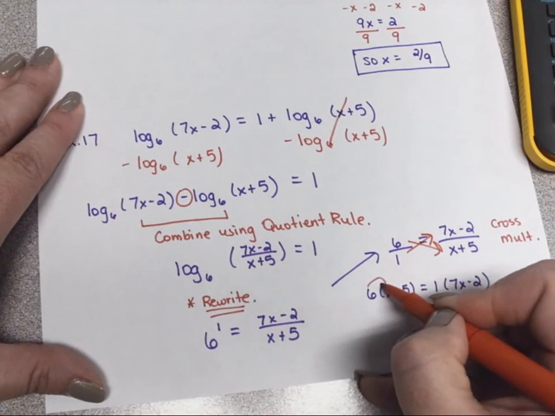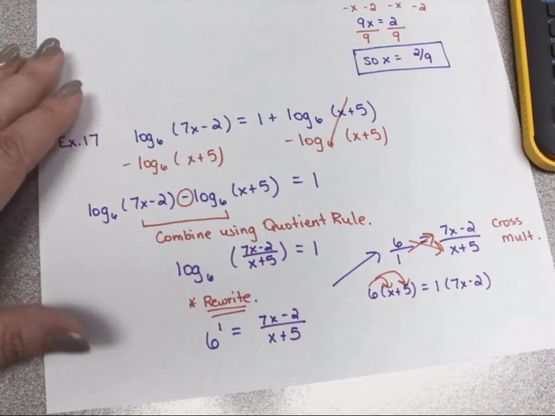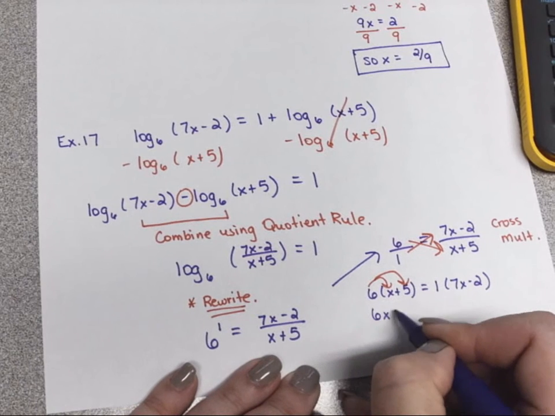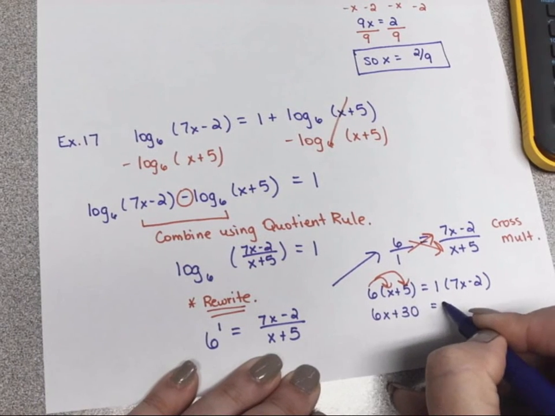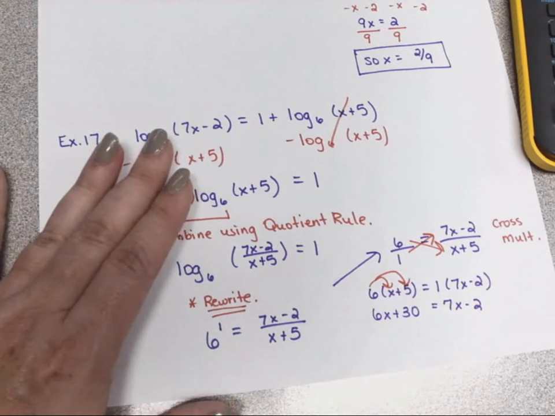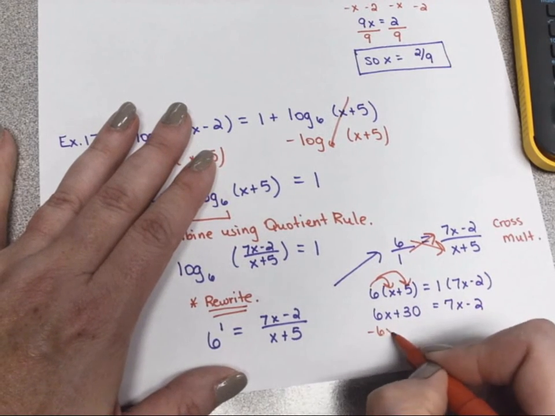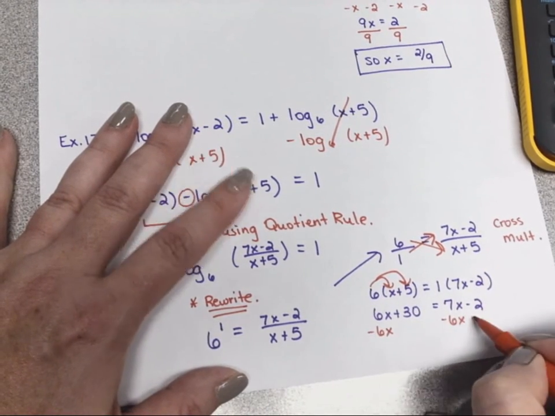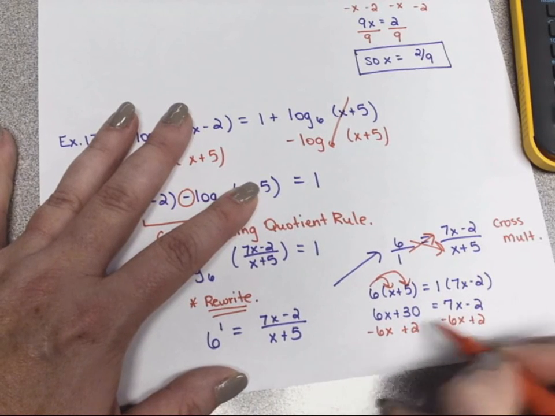Notice, past a certain point, these feel familiar because they actually work much the same way. So this is 6x plus 30 equals 7x minus 2. So we're almost there. Let's move the 6x this way and add the 2 this way.